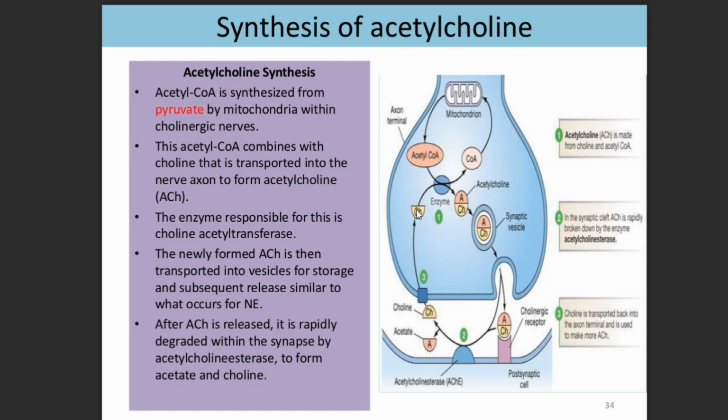Then we add choline with the help of an enzyme, which converts it into acetylcholine. The enzyme responsible is choline acetyltransferase. This will cause the CoA to go back to the mitochondria. This is how acetylcholine is formed.